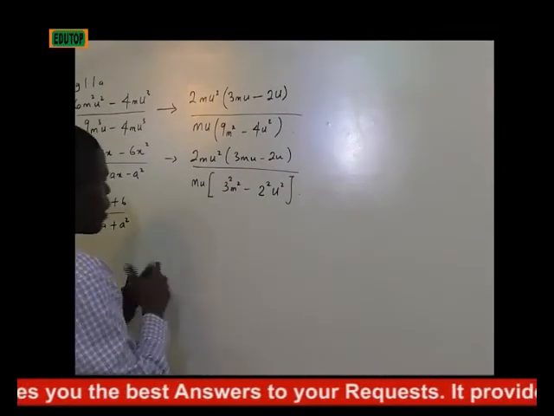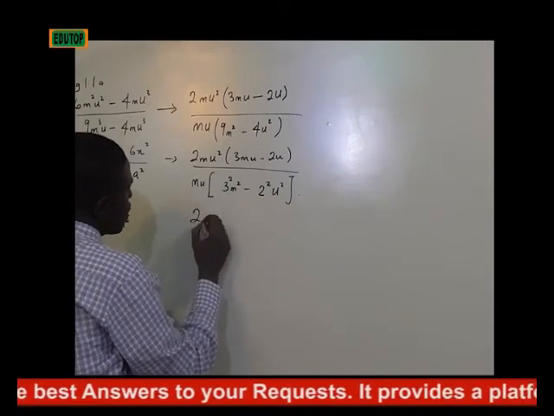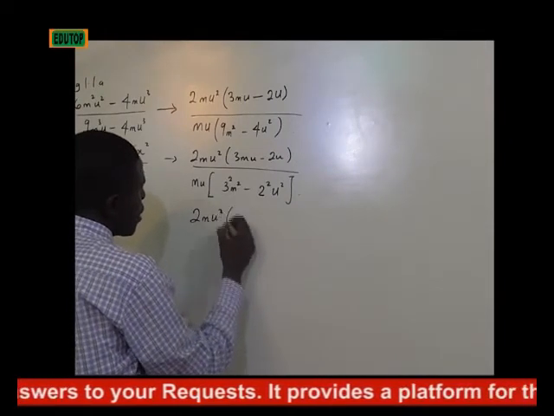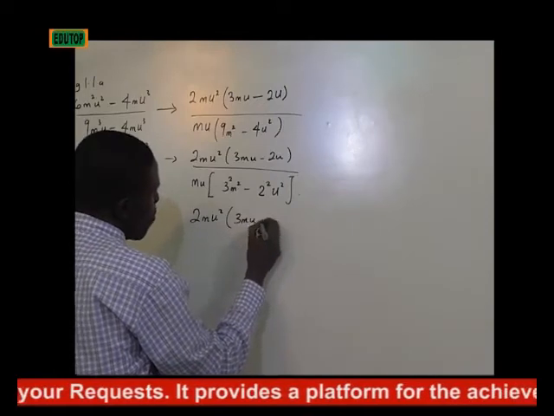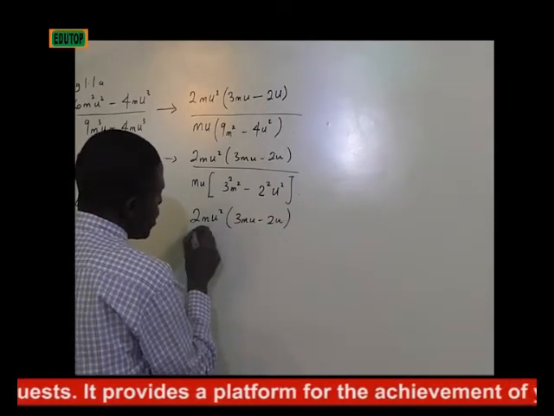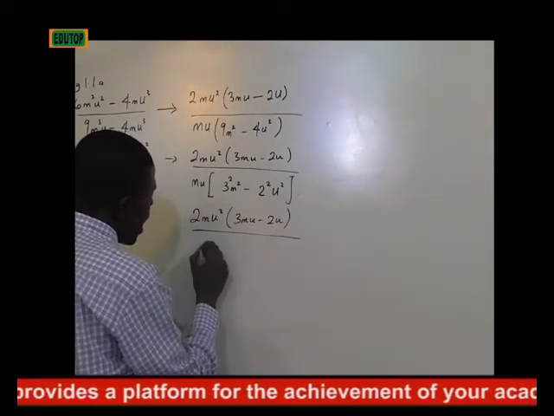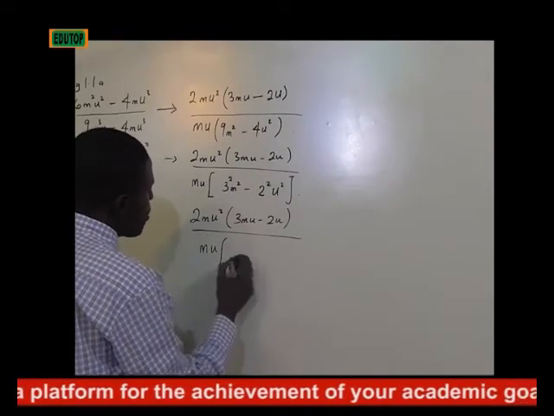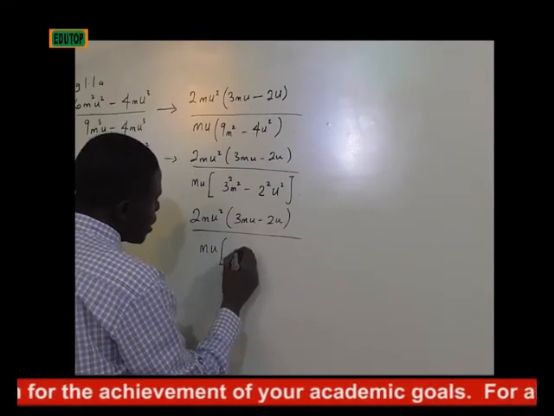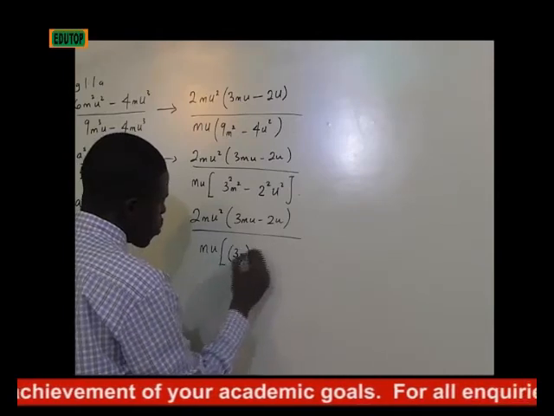Then if you look at this very well, I can decide to say 2mu squared, 3mu minus 2u. Then here, I can decide to say mu out of the complex bracket. Then I have 3m all squared.